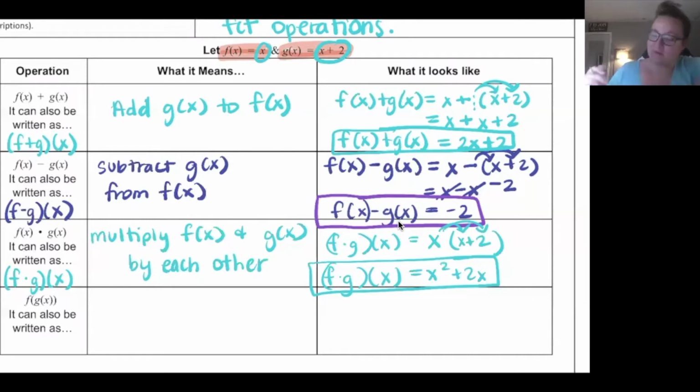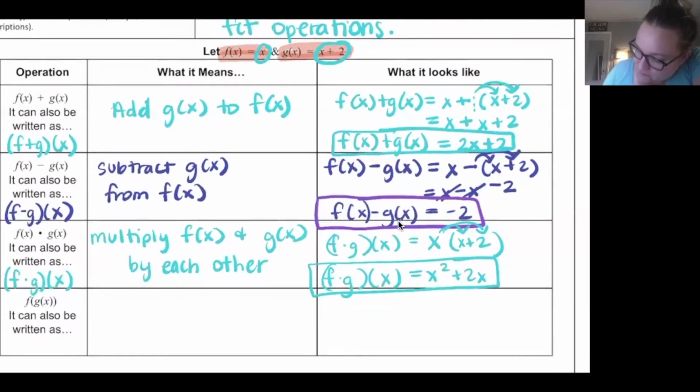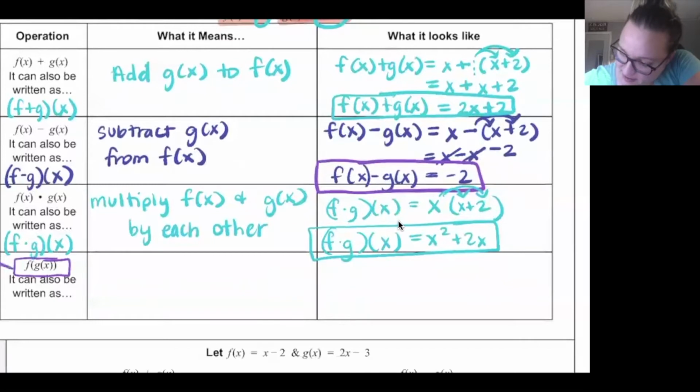Fun stuff, right? So what this says right here is f of g of x. I'm just going to write that down so I remember how to say that. It can also be written as f open circle g of x.